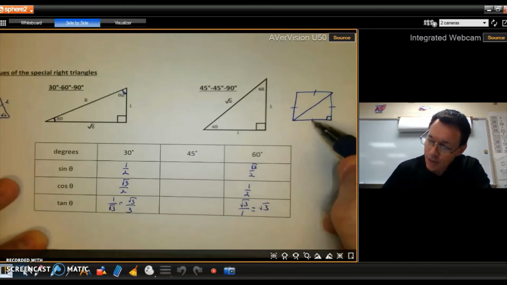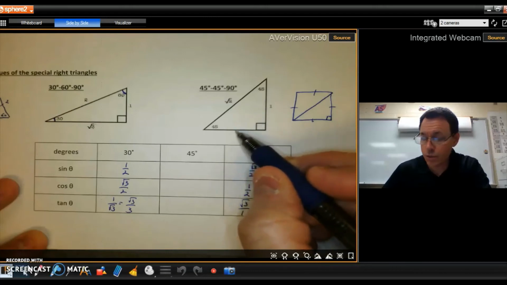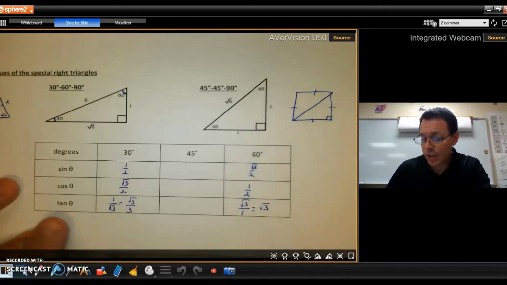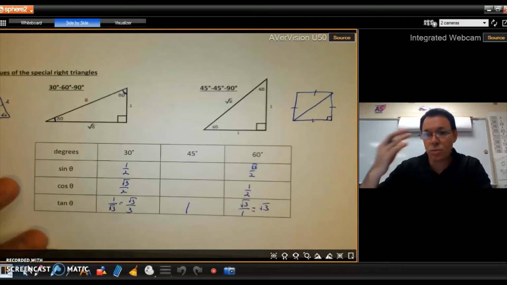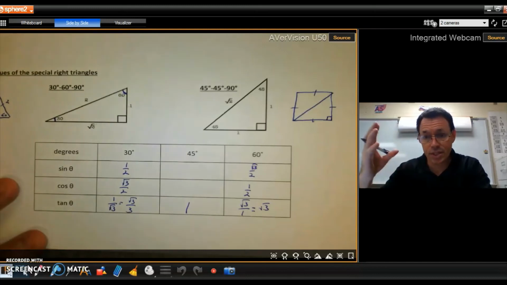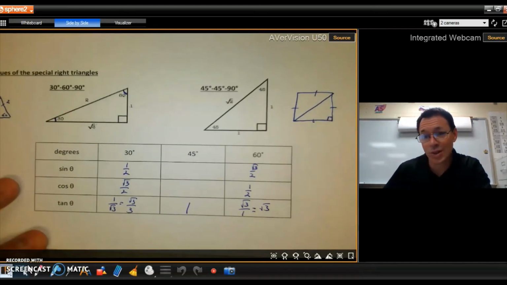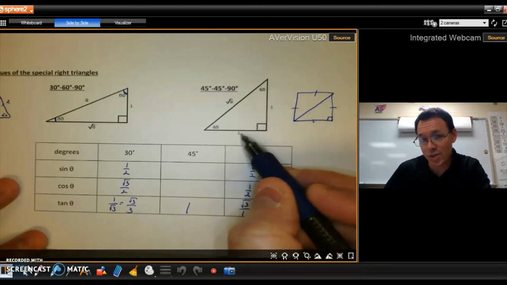So these two sides are identical. So this is a 1-to-1 ratio. You know these two are the same. So like the tangent has to be 1. It could be a 1 over 1, a 7 over a 7, a 17 over a 17. I don't care. I just know that those two are the same, so they have a 1-to-1 ratio.